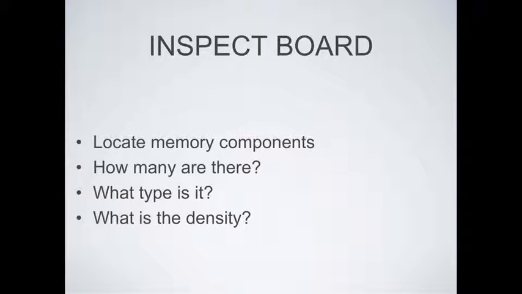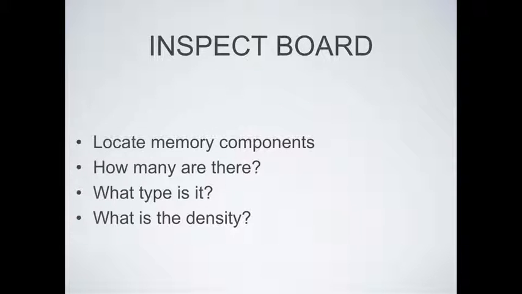So I'm going to let a few people here take a look at a board, and I will put up a copy of it for you to take a look at home. What we're going to do is inspect the board and try to locate the memory components. When you're looking at this board, ask yourself, how many memory chips are there? What type is it?